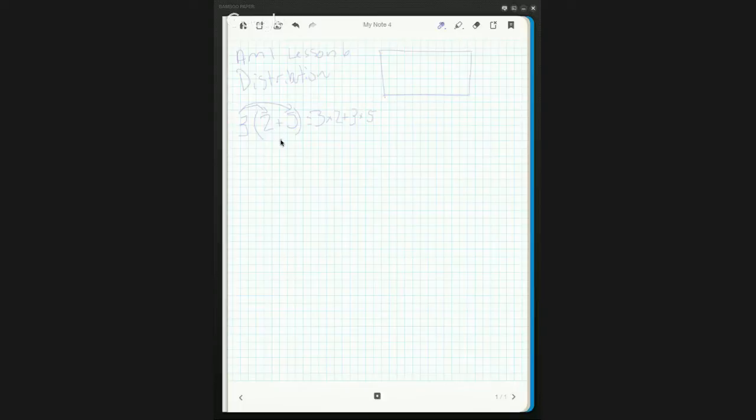So, if I was to evaluate this side, I'd get 3 times 7, and I'd get 21. And if I evaluate the other side, my order of operations says to go 3 times 2 is 6, plus 15, and that equals 21. So this law of distribution is true, but why is it true?